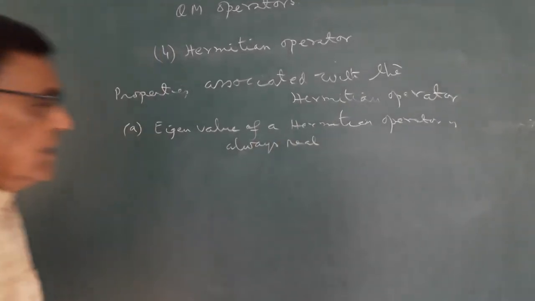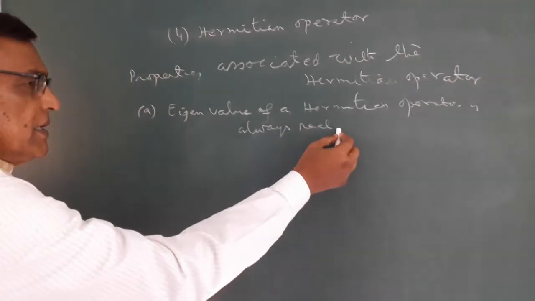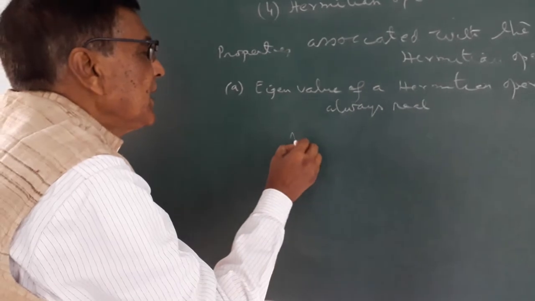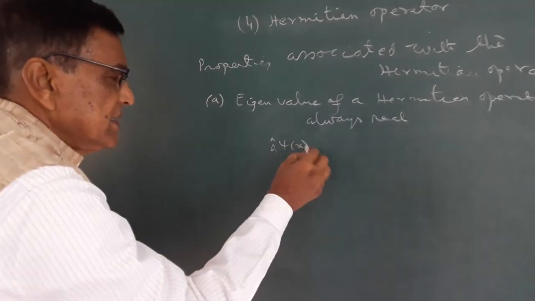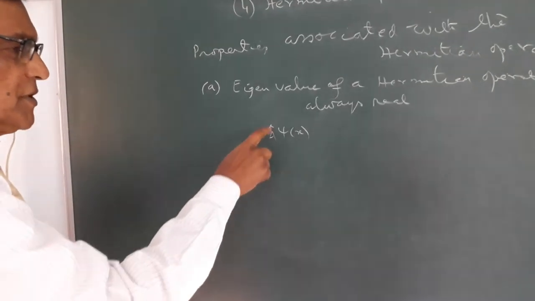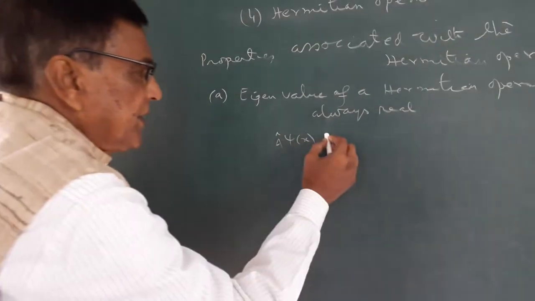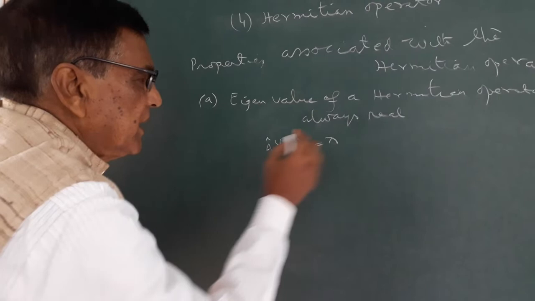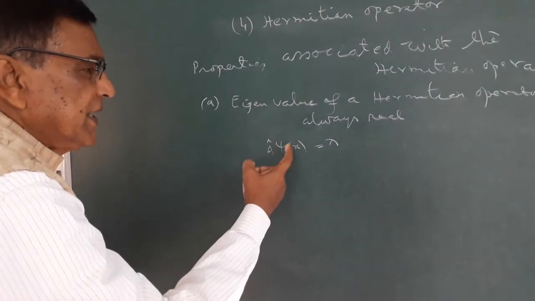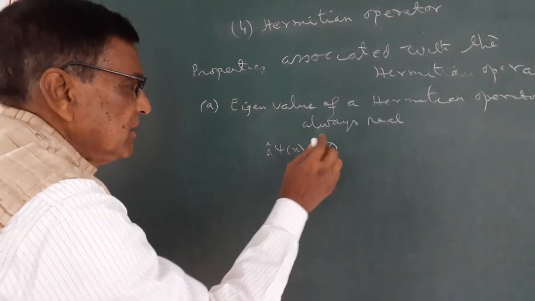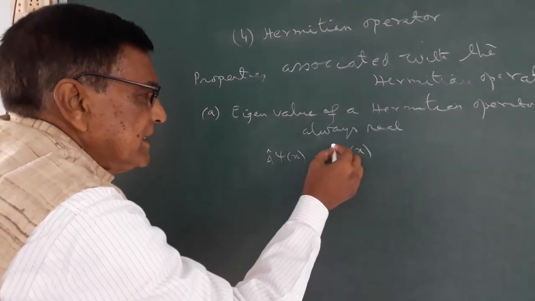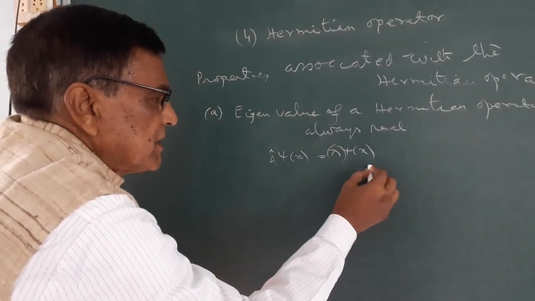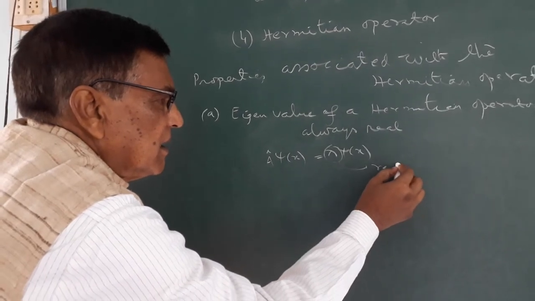This is the first property. Say A cap is a Hermitian operator and psi x is a function. Hermitian operator means a quantum mechanical operator. A cap psi x equals lambda psi x, since psi x is the eigenfunction of A cap. This lambda must be real.